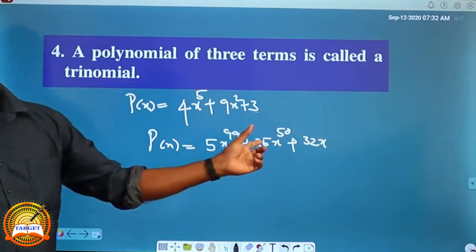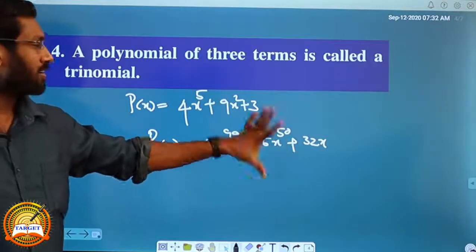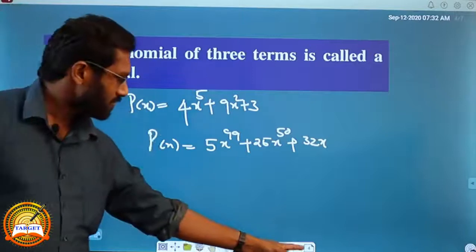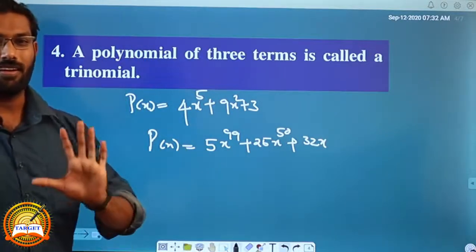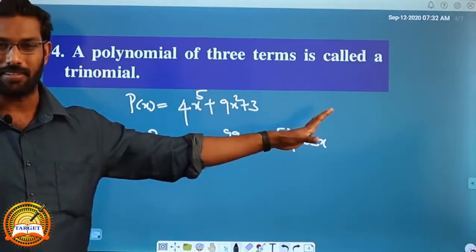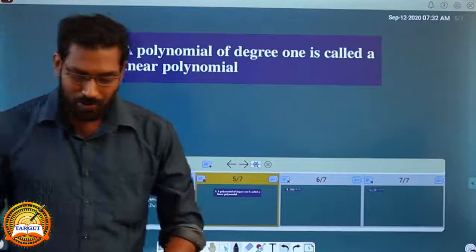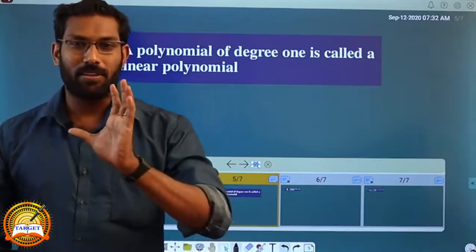Look at this, here also it contains 3 terms, so it is also a trinomial. Generally we can say that a polynomial is an algebraic expression which contains many terms. Okay. Now we discussed the classification of the polynomials based on number of terms.